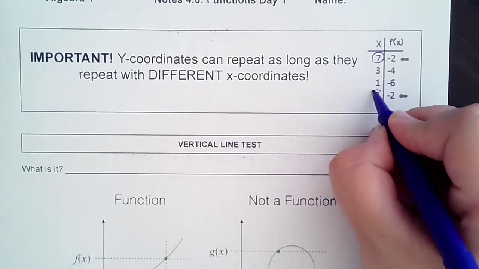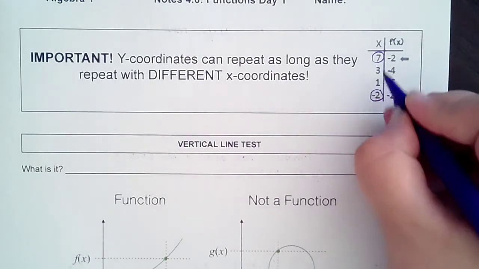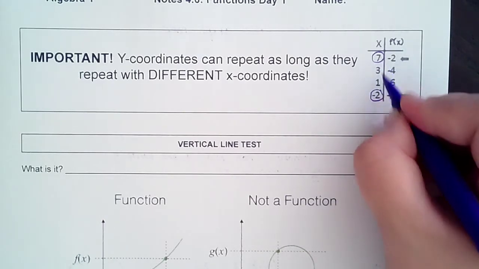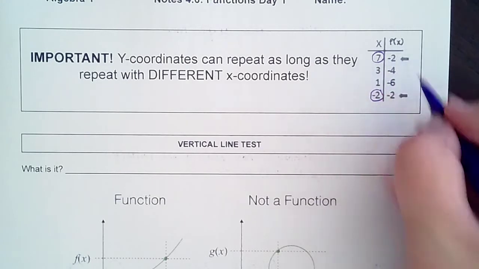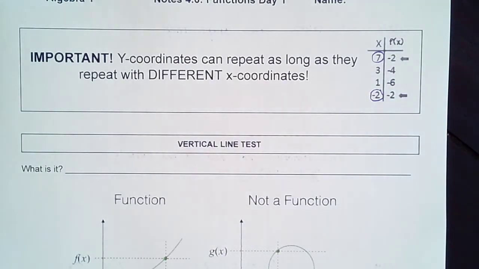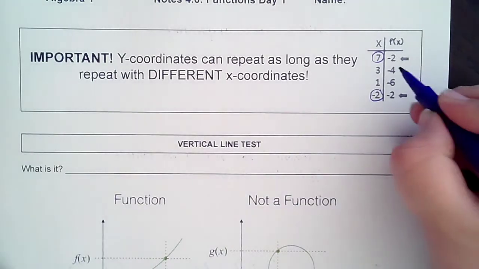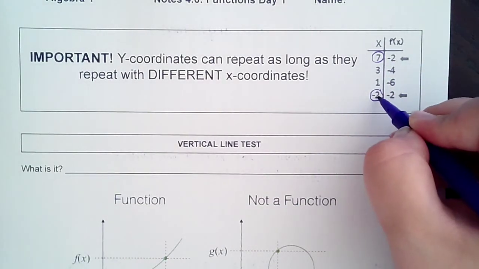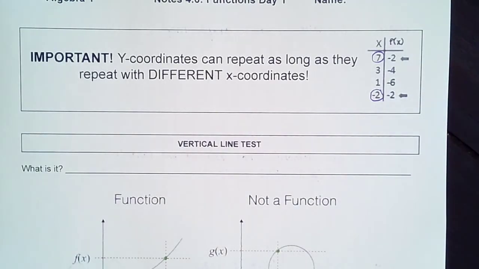That is also okay, because notice, these are not repeating x's. Each domain has its own range. That's okay. There's no repeating x's that go to different values. So, notice, -2 could go to 7 and -2 could go to -2, but that would not create that shape that we dislike. So that is why we're okay with that.